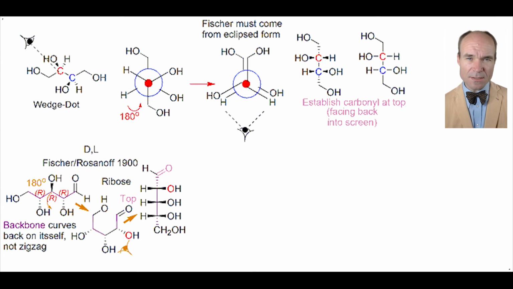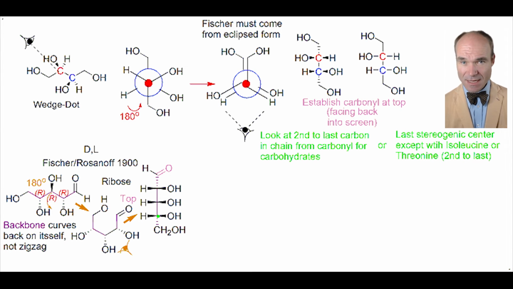Now we focus on the second to last carbon in carbohydrates, or last bottom stereogenic center, excluding isoleucine and threonine, where it is the second to last. Is the higher priority group of the last stereogenic center, so hydroxyl with carbohydrates and amine with amino acids, to the right or left?